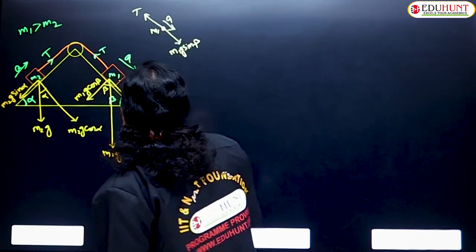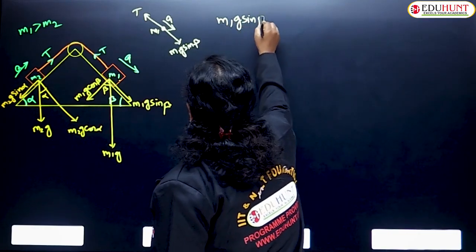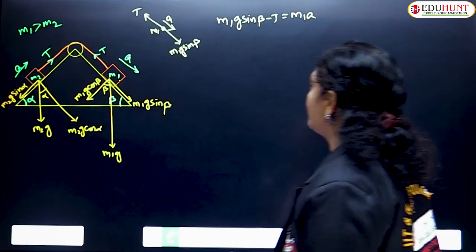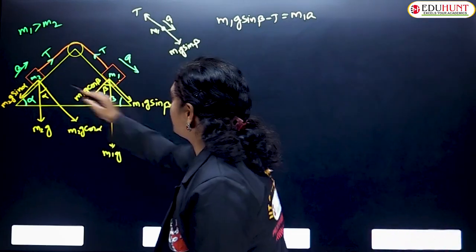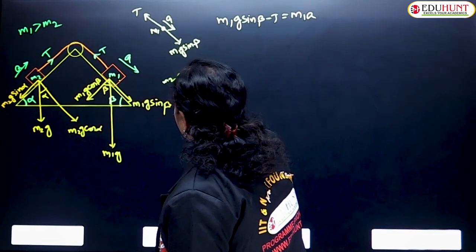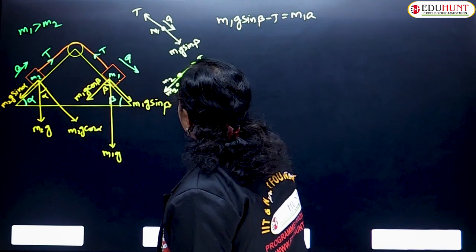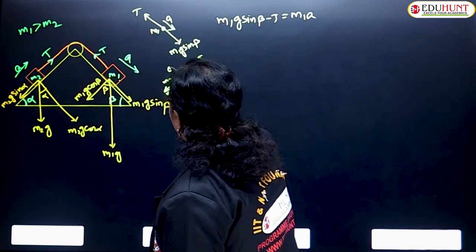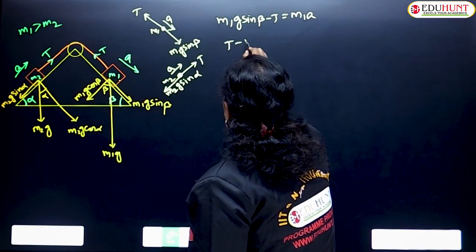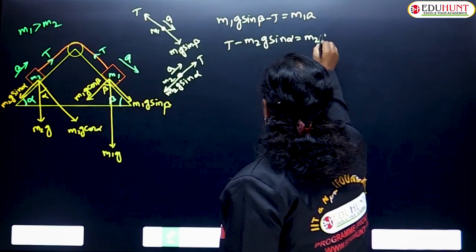So clearly we have M1g sin beta minus T equals M1a. This will make the first equation. Coming to the second equation, this is your M2. For this, the upward force is T and the downward force is M2g sin alpha, and it is accelerating upwards, and the equation for this is given as T minus M2g sin alpha equals M2a.